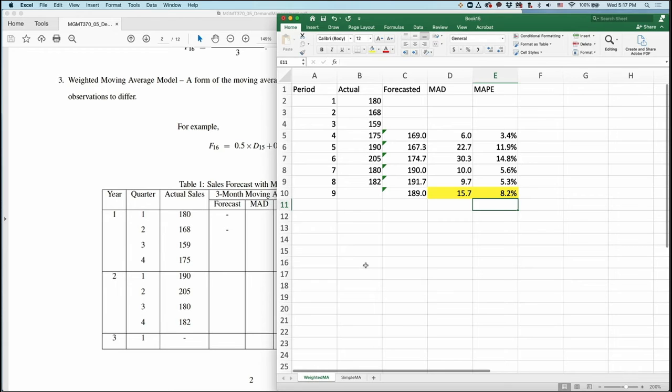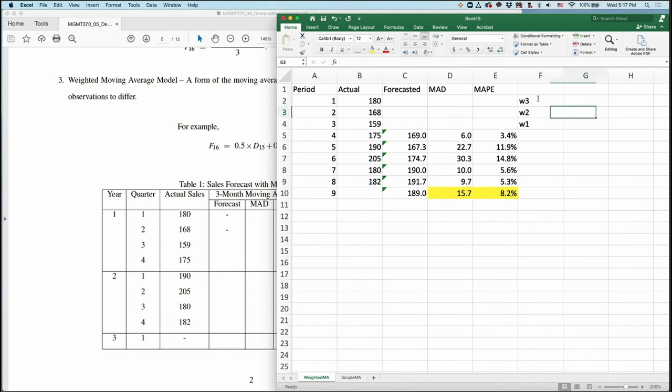This spreadsheet, we use the same MAD and MAPE, but we use different weights. Weight 1 for the most recent one, weight 1, second most recent weight 2, and weight 3.